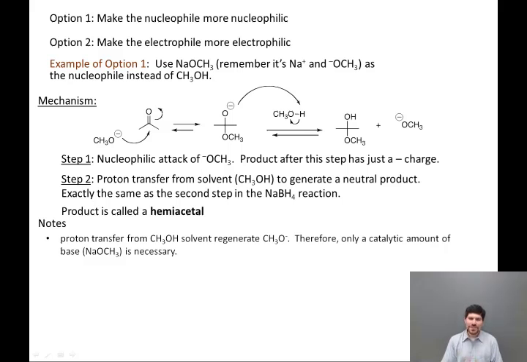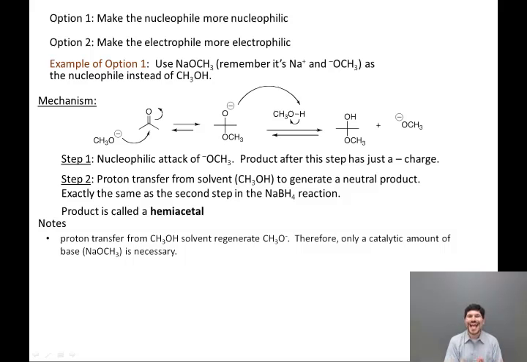A couple of notes on this reaction. First of all, the proton transfer from the methanol solvent regenerates OCH3- as what may be thought of as a byproduct. But the OCH3- that is generated can come back and react in step 1 with another molecule of ketone. In other words, OCH3- does not actually get consumed in this reaction overall because more is generated at the end of the mechanism.